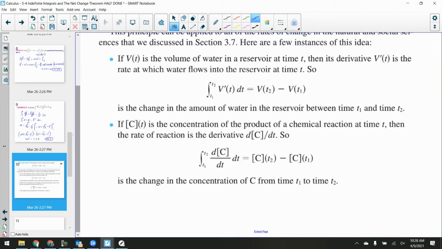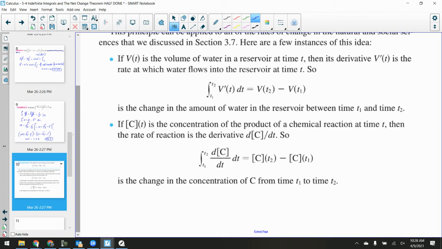So if you've got a function of the rate of change, you can find the integral. When you plug it in, top minus bottom, between those two time periods, that's the net change between those two time periods.